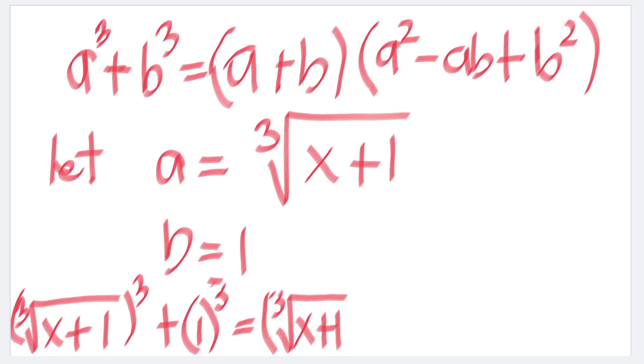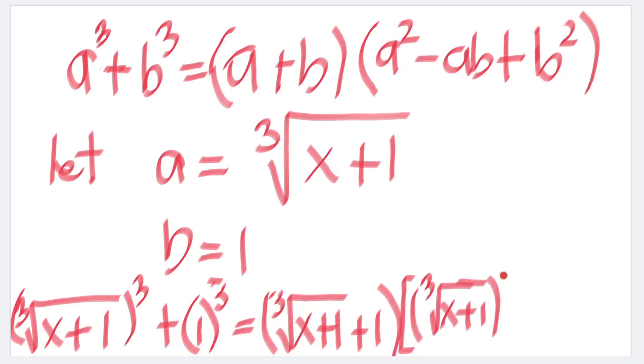So cube root of x plus 1, which is our a, plus 1, which is our b, multiplied to a squared, cube root of x plus 1 squared, minus a, which is cube root of x plus 1, multiplied to b, which is equal to 1. So we just retain cube root of x plus 1, plus b squared, which is 1 squared, so that is 1.